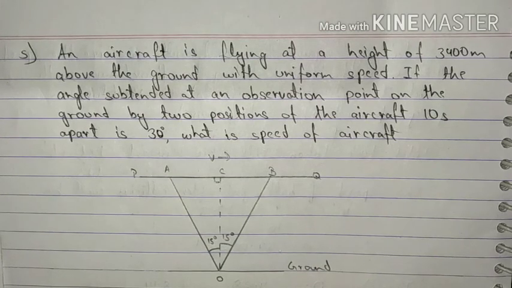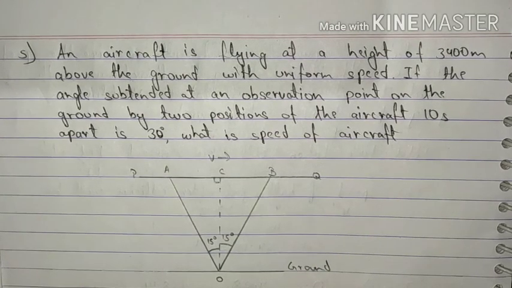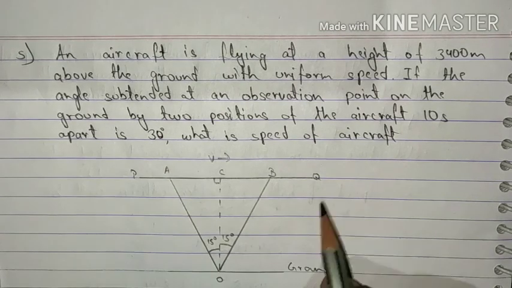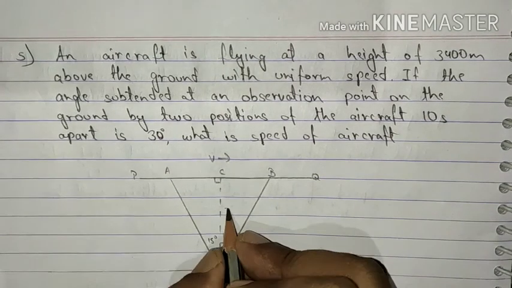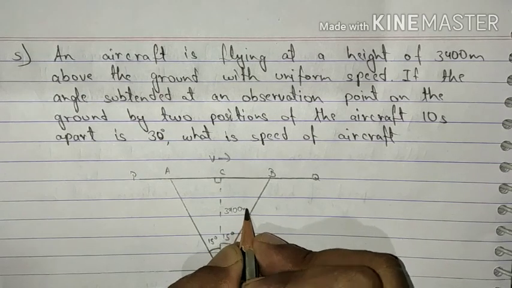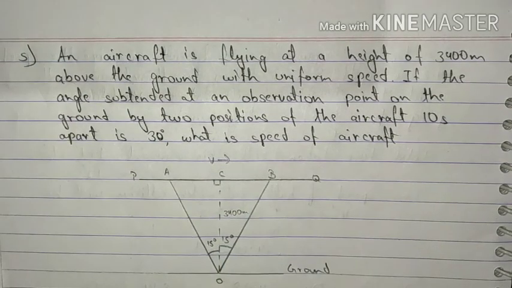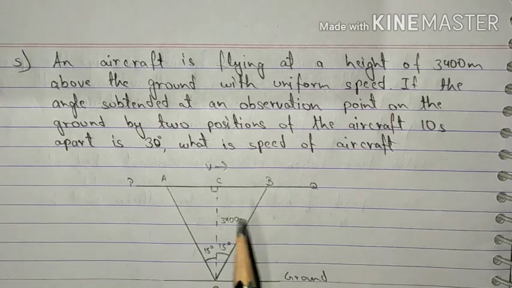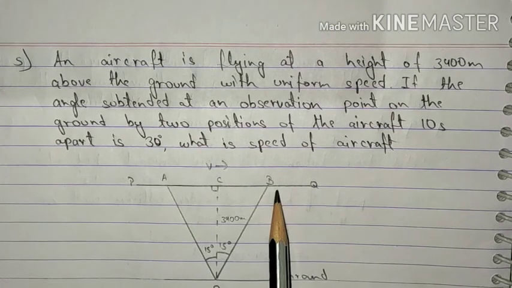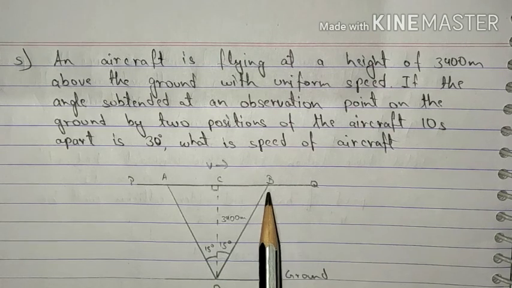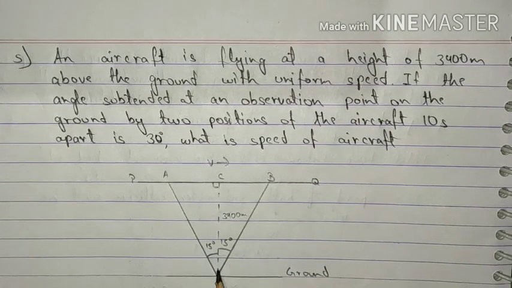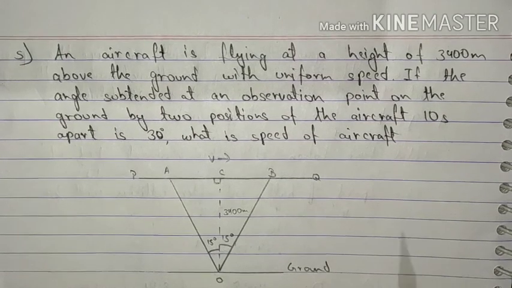Now, what do we observe here? What is given in the question is that the observer is standing here, and an aircraft is moving at a height of 3,400 meters above him. Between two positions, when the aircraft was at point A and when it is at point B, the angle subtended at the observer by these points will be 30 degrees in all.